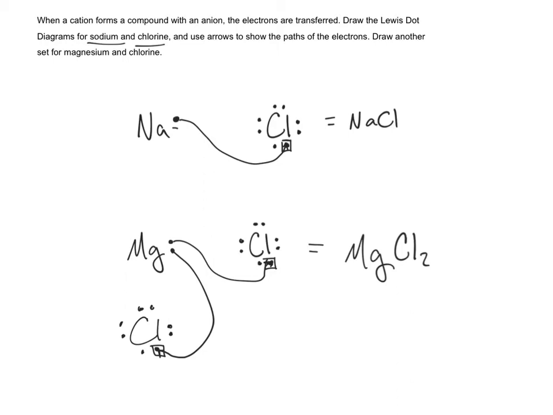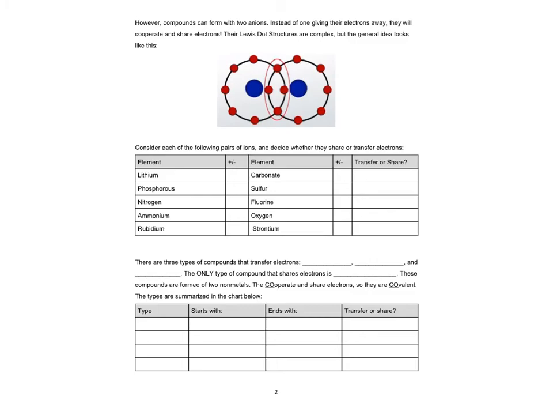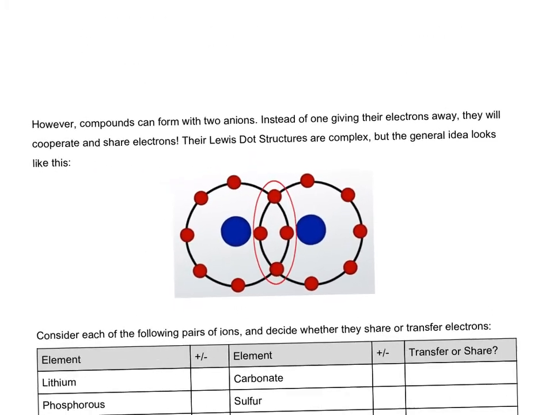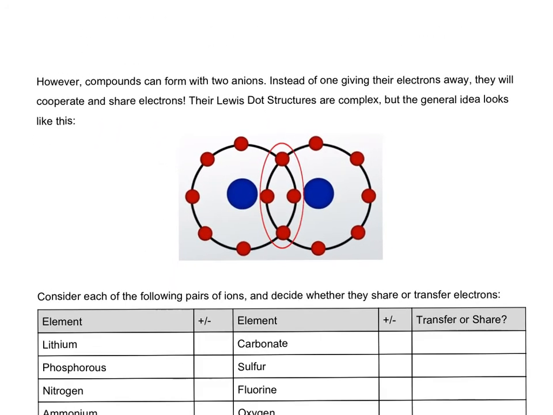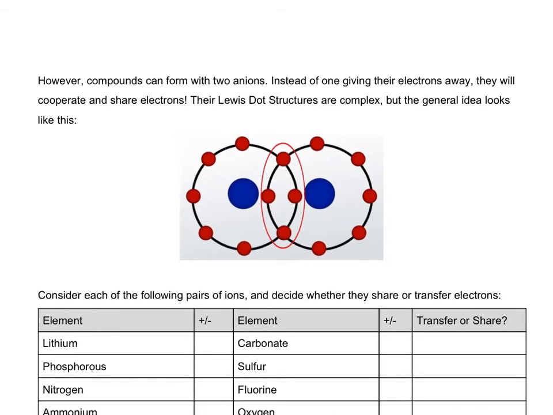The other type of bonding happens when atoms share electrons. And this picture is not a great representation of that. You can use Lewis dot structures to represent these and figure out all the bondings. And if you are in pre-AP, you will actually do that.